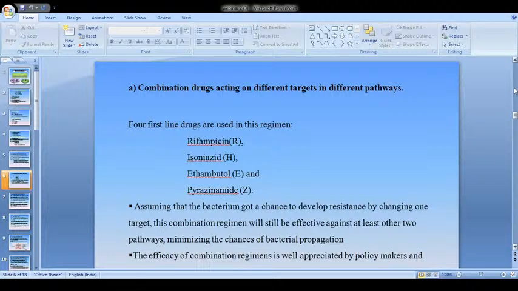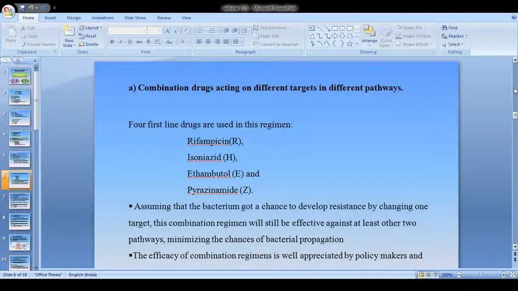So these are the first-line drugs, and their targets are: rifampicin is an RNA polymerase inhibitor, isoniazid acts on the enoyl reductase subunit of fatty acid synthesis, and ethambutol is an inhibitor of arabinosyl transferase, which is involved in cell wall biosynthesis.